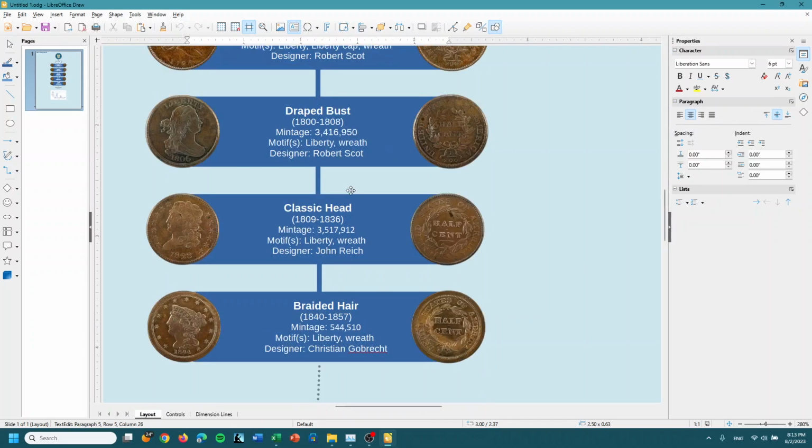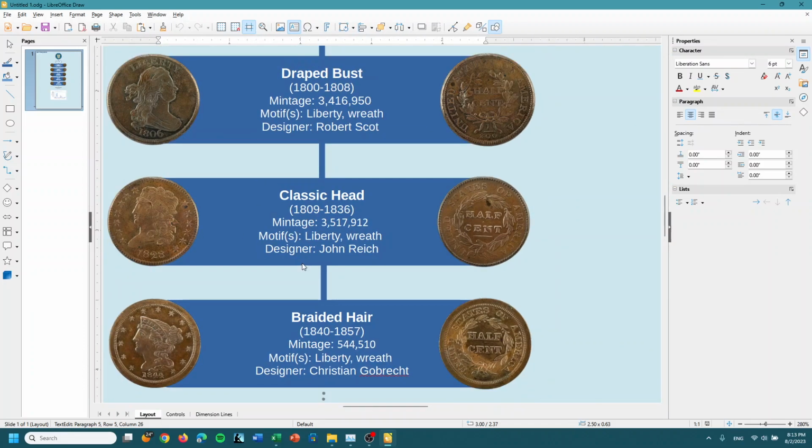So after 1808 and 1809, they switched to the classic head. The classic head was minted from 1809 to 1836, much longer runtime, but the overall mintage was similar to the last one, to the draped bust, at around 3.5 million.